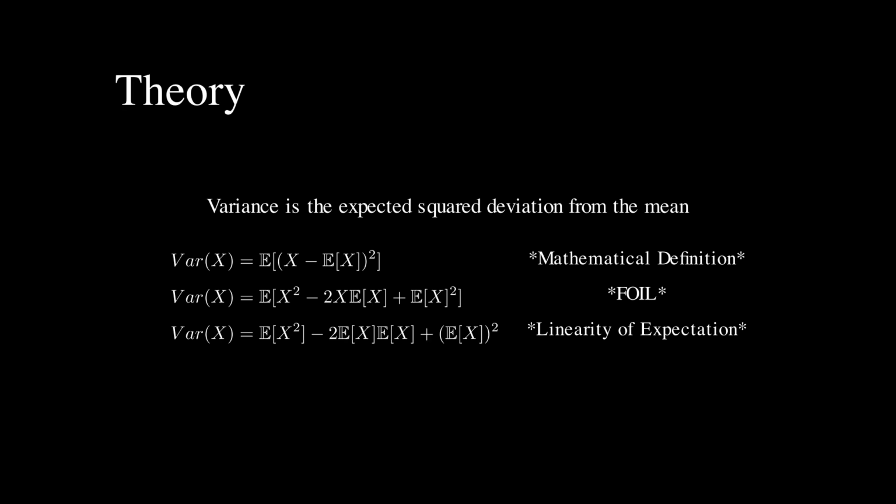After, apply the linearity of expectation to get 3 distinct terms. And finally, we can combine like expressions to get the reduced expression that we see so commonly describe the variance of random variable x.